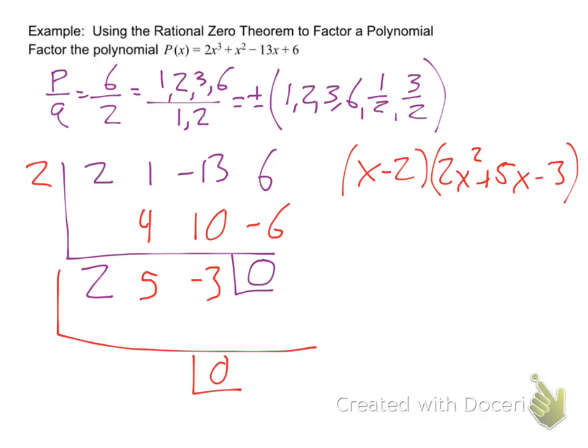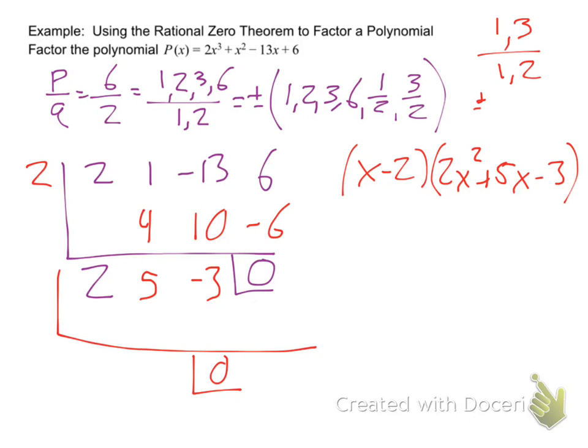But here's the thing. I'm going to make a new list. What's my constant this time? The constant's a negative 3. So that's 1 and 3 over 1 and 2, right?